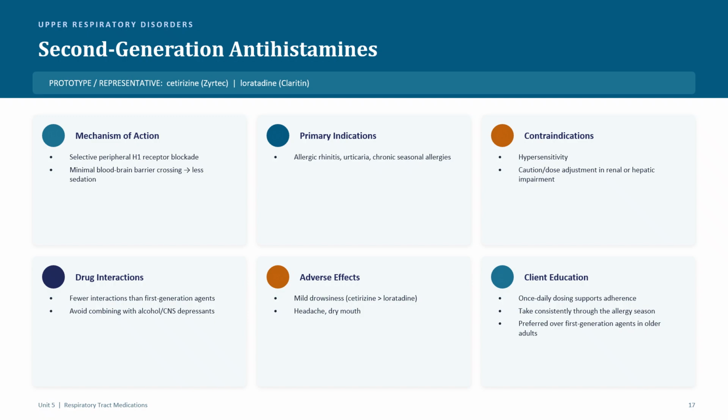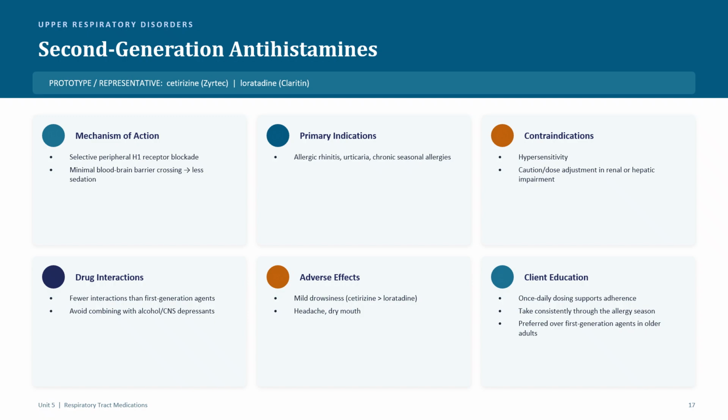So because it doesn't get into the brain, it has less sedation, fewer anticholinergic effects. And I shouldn't say it stays out of the brain because it's been engineered to stay out of the brain. It does minimally cross that blood-brain barrier. So because it doesn't fully cross over, you don't have full-on sedation or full-on anticholinergic effects. So those effects are just minimal with the second generation antihistamines.